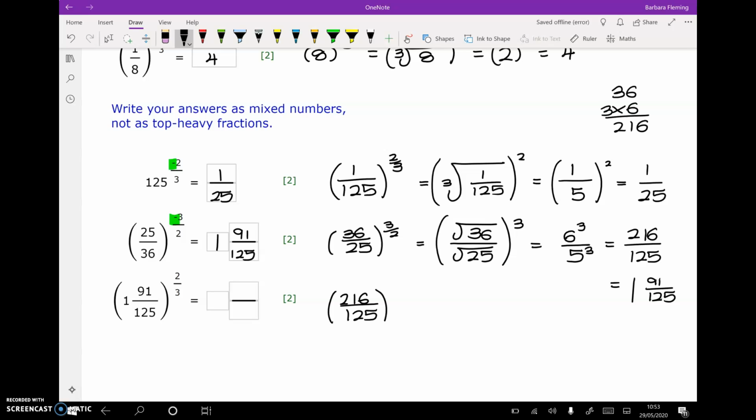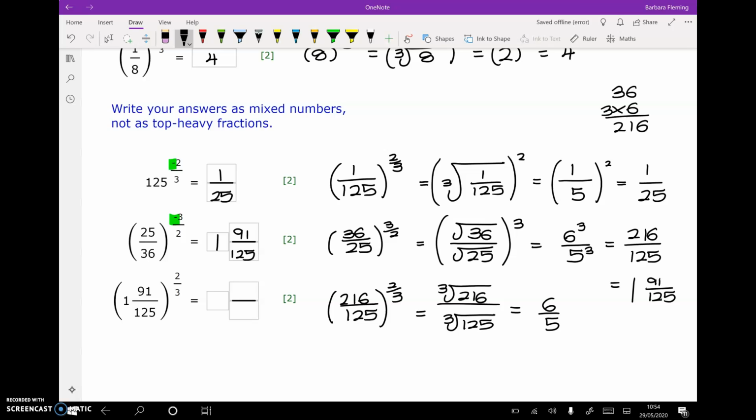So I've just written that mixed number as a top heavy fraction to the power of 2/3. Okay, and then I am cube rooting 125, and I'm cube rooting 216. So the cube root of 125 is going to be 5. Cube root of 216 is going to be 6, moving all my answers from above, which is really handy.